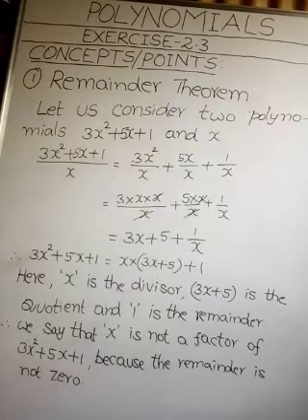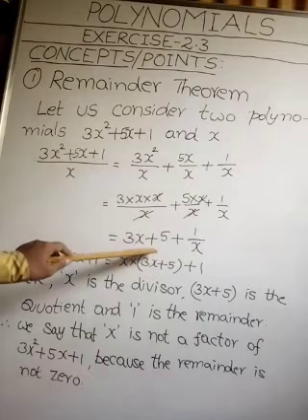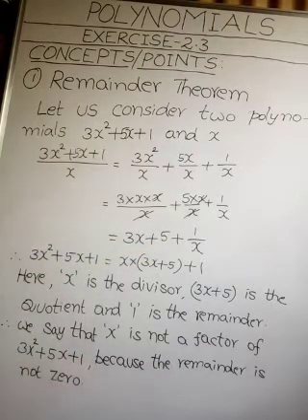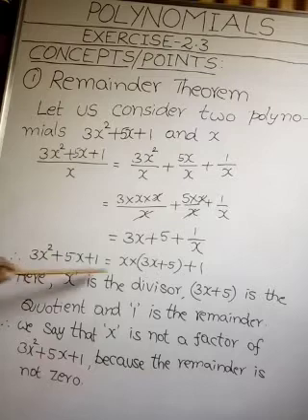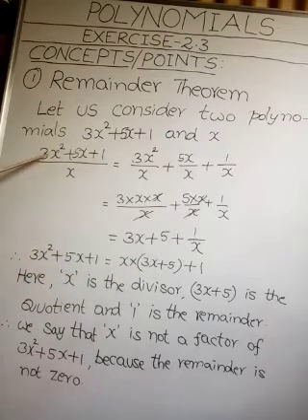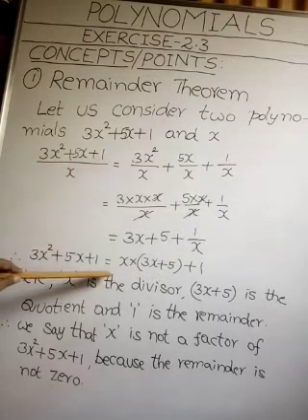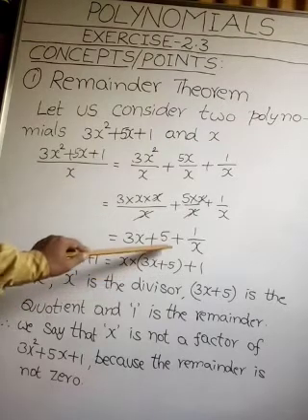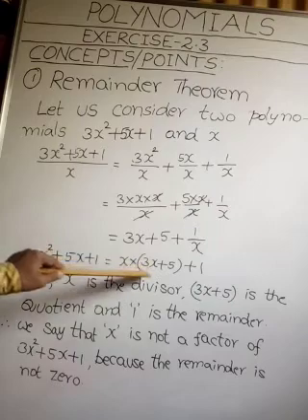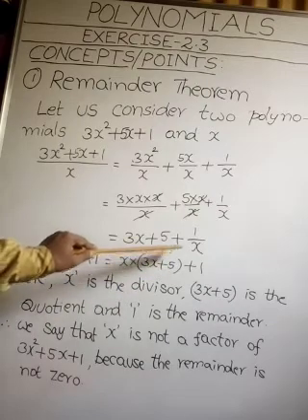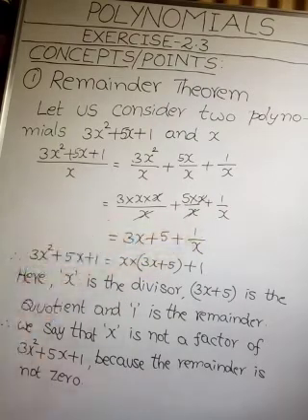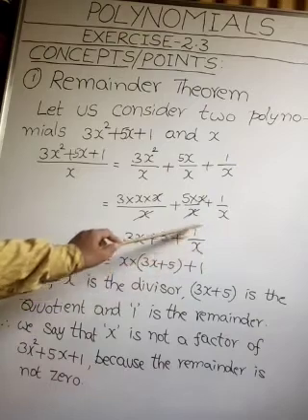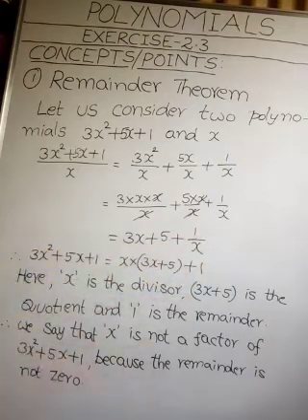So, in this case, we write this division in the form of an equation like this. 3x square plus 5x plus 1 is equal to, the divisor is x into, what you got here? 3x plus 5. This is a polynomial, but it is not a polynomial term. So plus what is there in the numerator, we write that term, that is 1 by x.